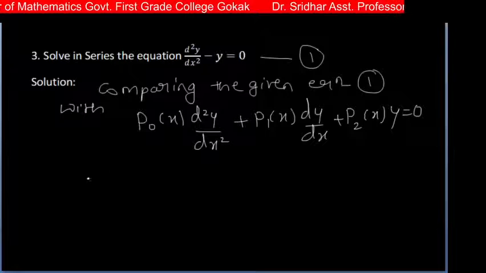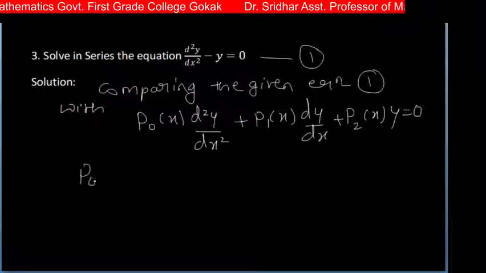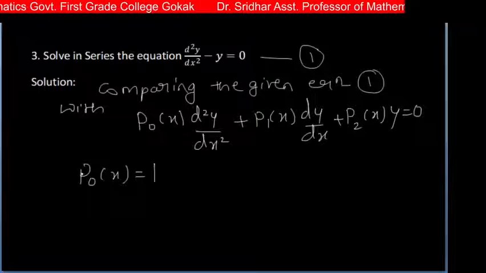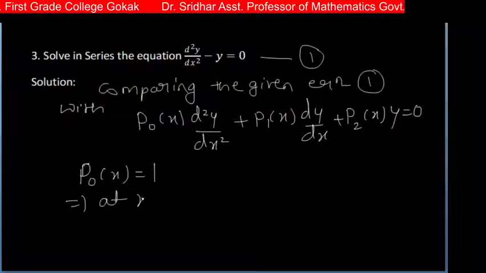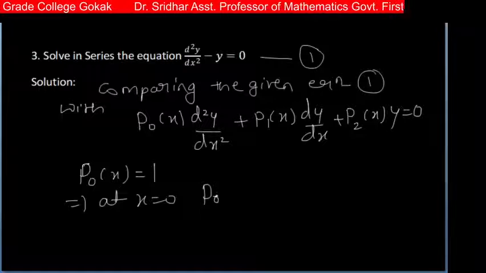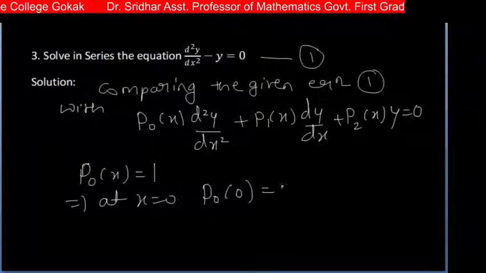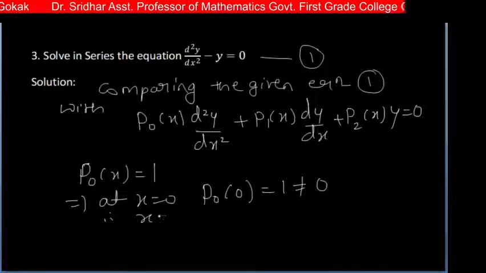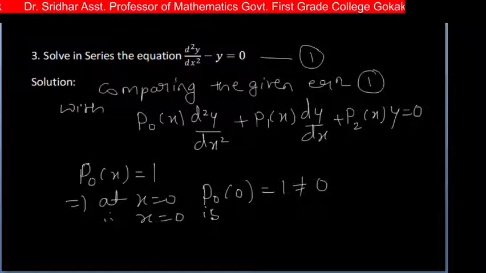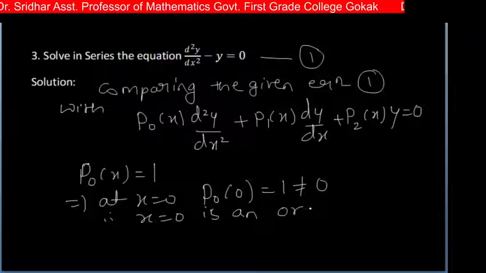On comparing these two, we obtain p0 of x is equal to 1, correct? So which implies at x equal to 0, p0 of 0 is equal to what? 1, and it is not equal to 0. Okay, so therefore x equal to 0 is an ordinary point.